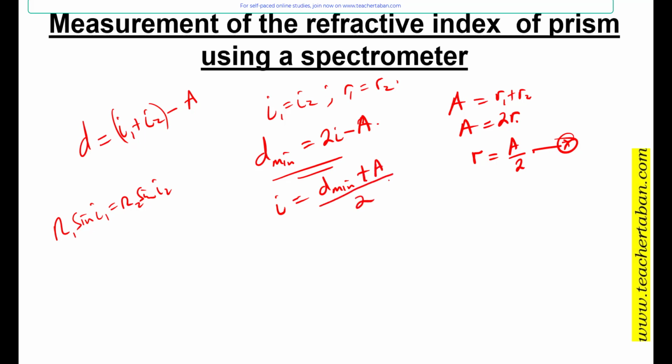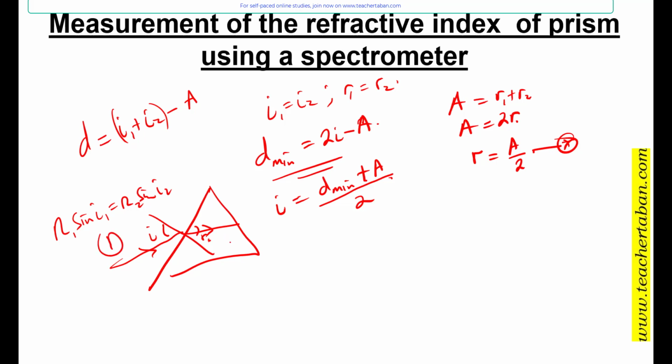So in case we take one point on the prism, we have the angle of incidence and the angle of refraction. So this is our medium 1, this is our medium 2. Substituting into this, we shall simply have the refractive index of air, 1, times sine of angle of incidence i, is equal to the refractive index of the glass times the sine of the angle in the glass, which is our angle r.